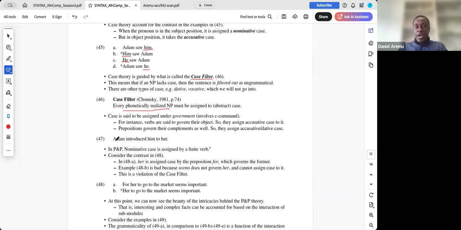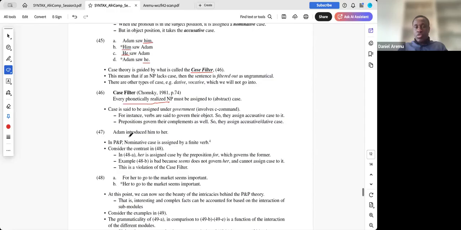And so case is said to be assigned under government. So look at 47. Adam introduced him to her. See that now? In this way, I remember when we spoke about government earlier, we linked government to c-command. So when you say Adam introduced him to her, that means Adam introduced him. So introduce is the governor of him.